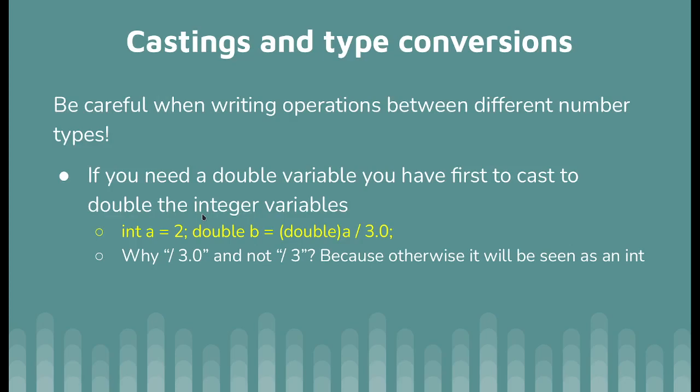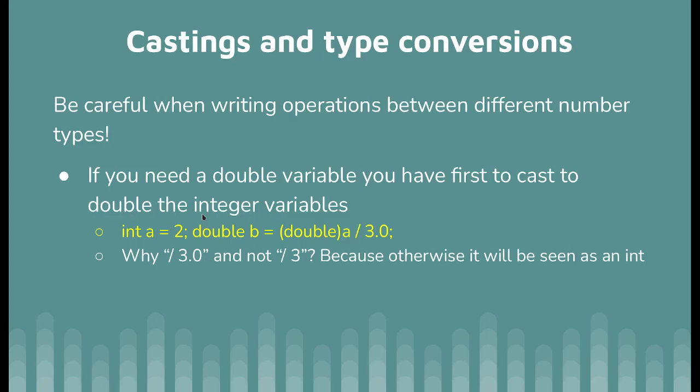So in this case, we declare a variable b as a double, and we assign the value of a, which is an integer, divided by 3.